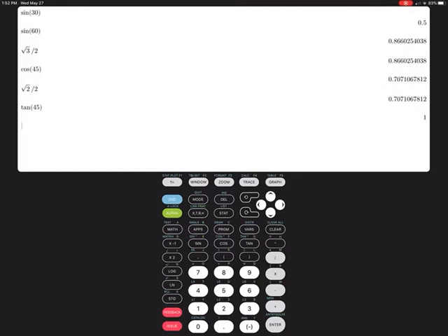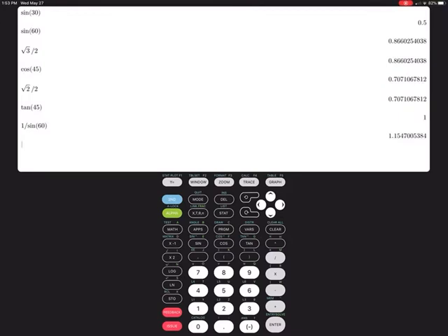So, for example, if I wanted to look at the cotangent of 45, or the cosecant of 60 degrees, all you've got to do is use your reciprocal properties. If I wanted the cosecant of 60 degrees, I could type it in as 1 divided by the sine of 60 degrees.